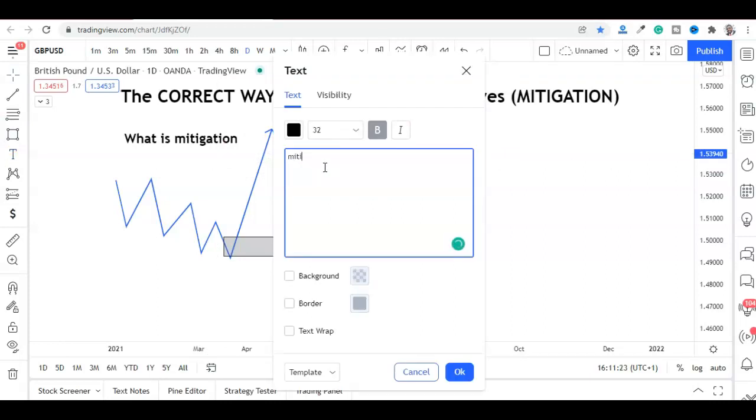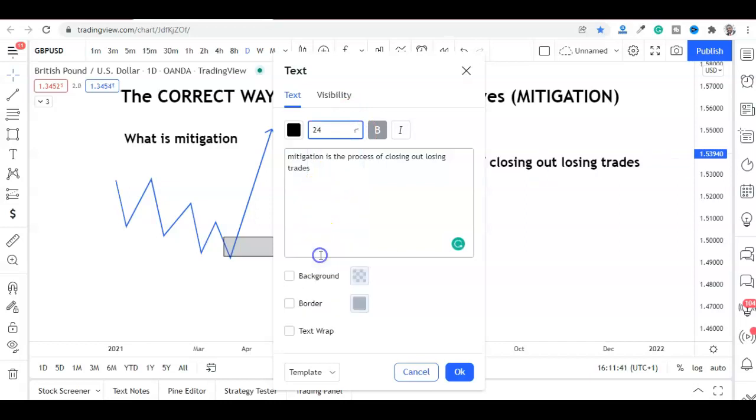Mitigation is the process of closing out losing trades. Okay, the process of closing out losing trades, or a process of rebalancing price.